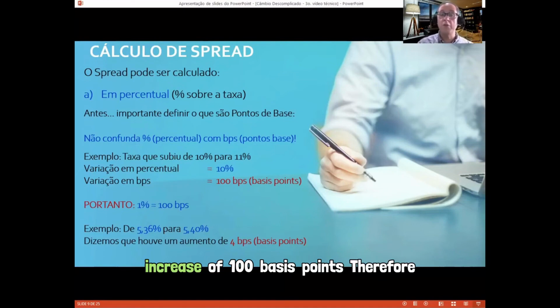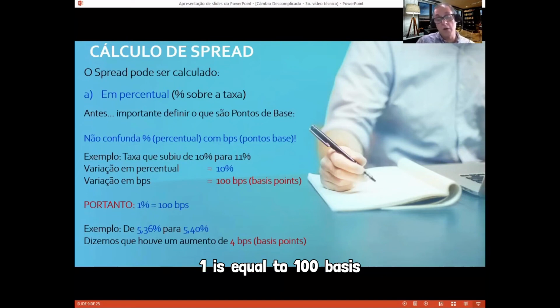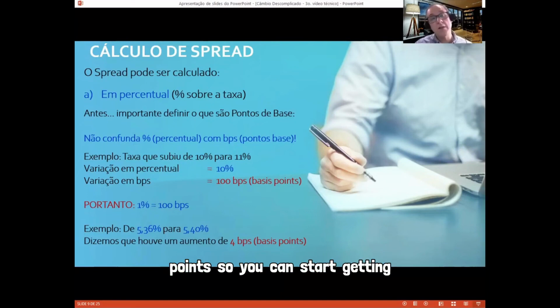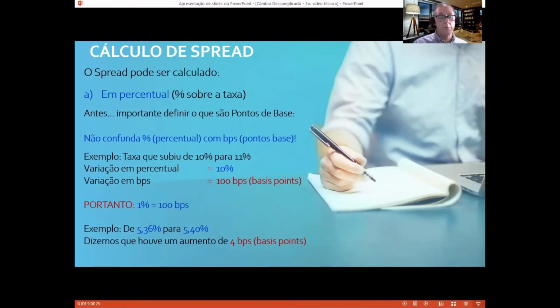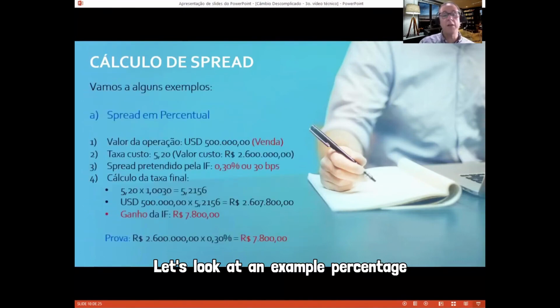We say it had an increase of 100 basis points. Therefore, 1% is equal to 100 basis points, so you can start getting used to the language of the currency market. For example, from 5.36% to 5.40%, we say there was an increase of 4 basis points, okay?